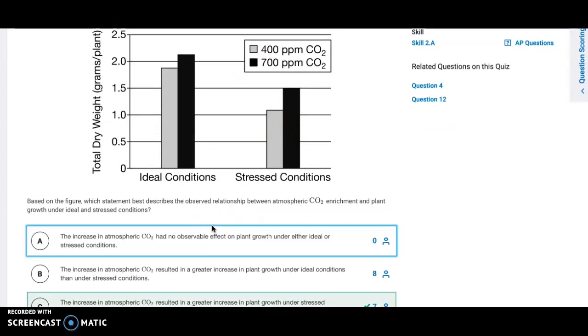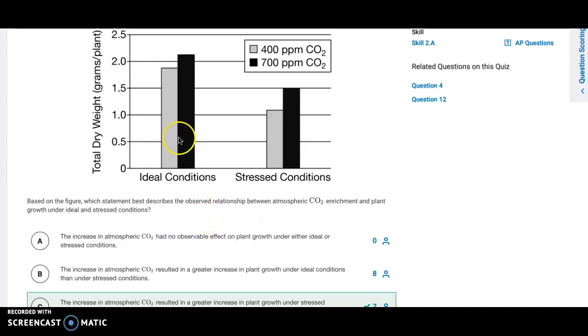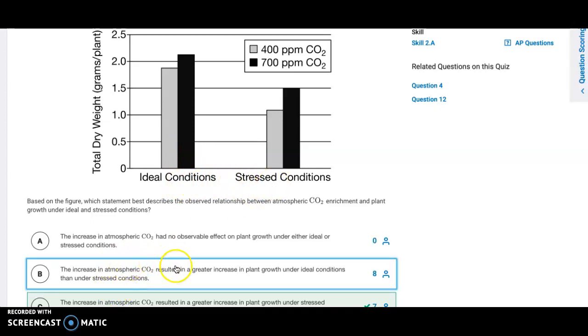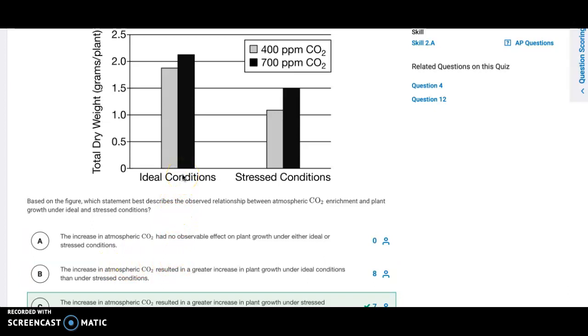The increase in the atmospheric CO2, so that's comparing gray to black, not ideal to stressed, right? This would be correct if it said ideal conditions result in greater plant growth compared to stressed conditions. That is true. But they're specifically talking about the change in the amount of carbon dioxide.